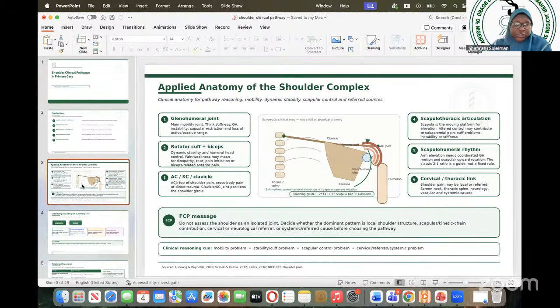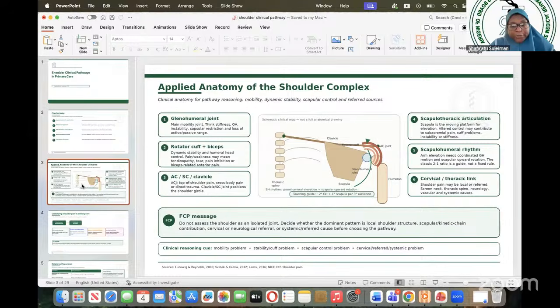So just a bit about the shoulder, just a recap, we've got the glenohumeral joint, which is the main mobility joint in the shoulder. When we think about the glenohumeral joint, as far as pathology is concerned, as physios we're thinking towards stiffness, osteoarthritis, instability, and any capsular restriction and loss of active or passive range of movement.